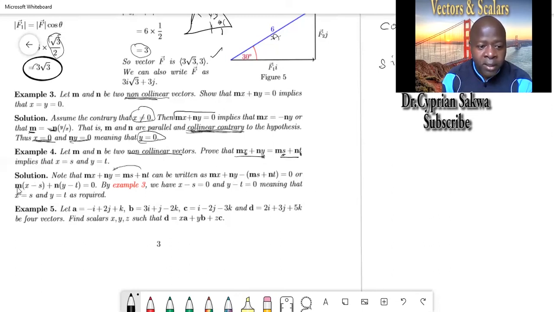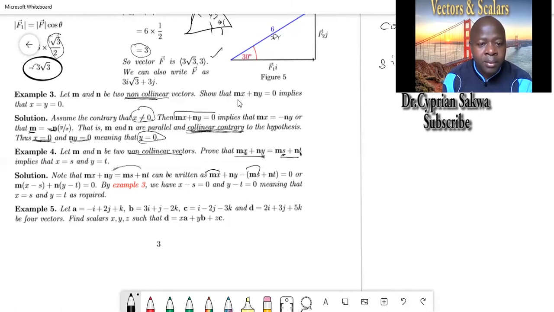So factoring out m, I have mx and minus ms as like terms. Bringing them together, I would have m into x minus s. Then plus the same thing for n, I would have n into y minus t equals 0.